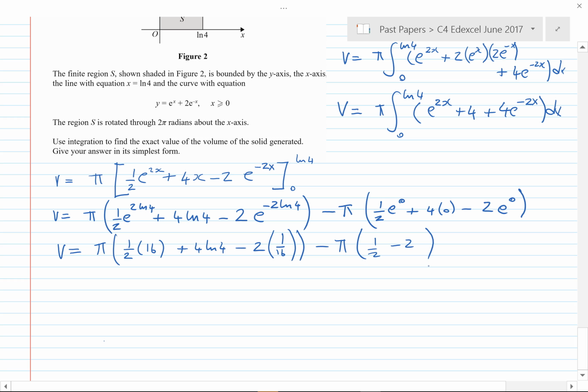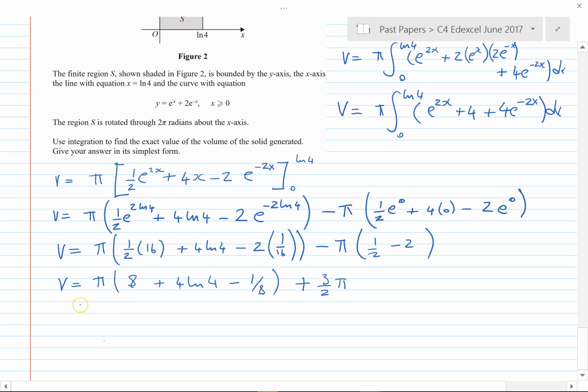Okay, so that gives me V is equal to pi times 8 plus 4 ln 4 minus 1 over 8. Take away, or that should be plus because of the 2 adds, that's minus a half plus 2, that's minus 3 over 2, so that's plus 3 over 2 pi.